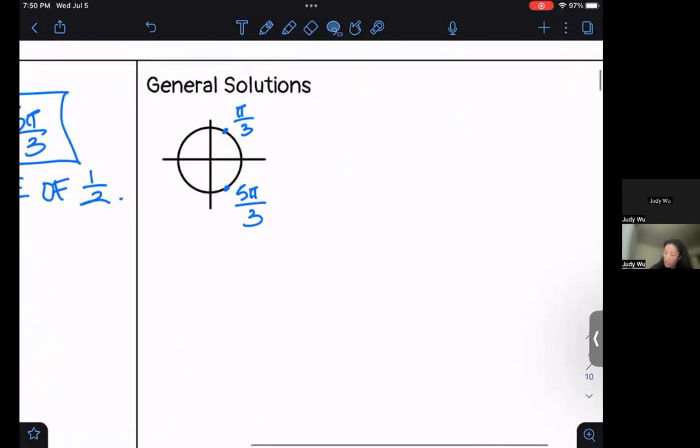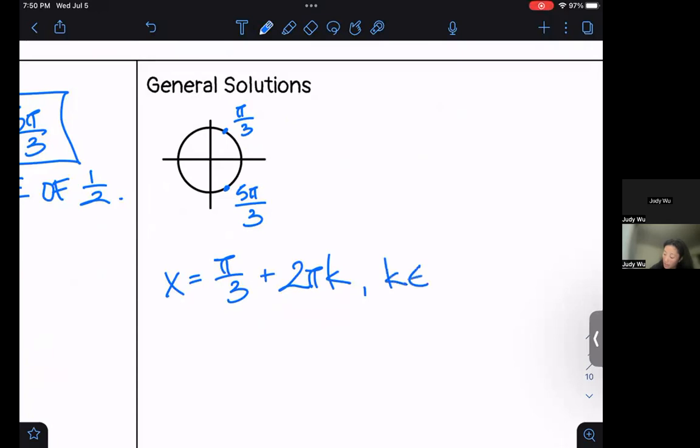And it turns out that we actually have to write this as 2 separate statements. We're going to write x can equal pi over 3 plus as many times around the unit circle as we want, as long as k is an integer. And so that takes care of the first one, but then we need to do the same thing with the second one.